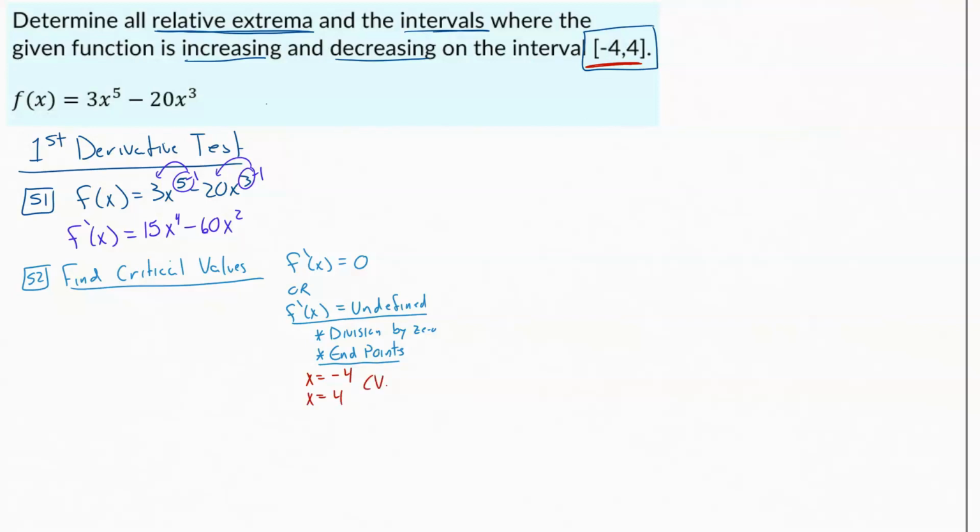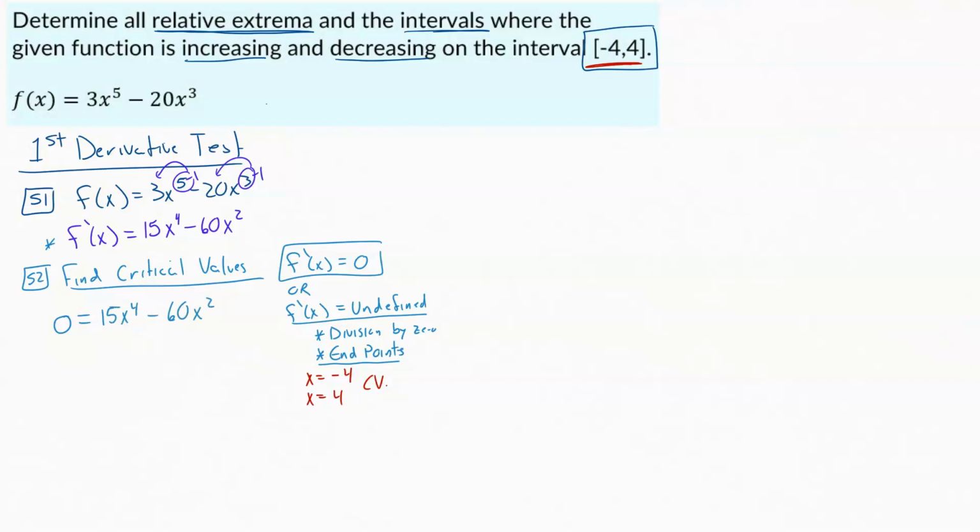Now we go back and we'll take care of the standard one, the one that everybody knows and tracks, which is setting the derivative equal to 0. So we take our derivative from step 1 and we just set it equal to 0 and we solve this for x. First thing you're going to want to look to do on a problem like this, anytime you've got a power of 2 or greater, the process is always going to probably require factoring.